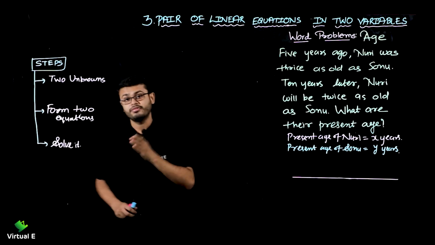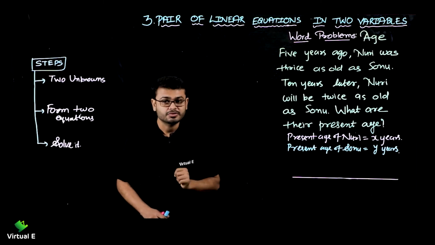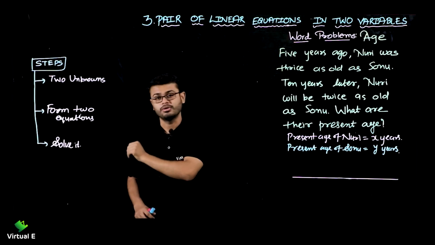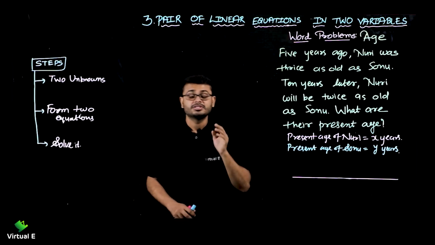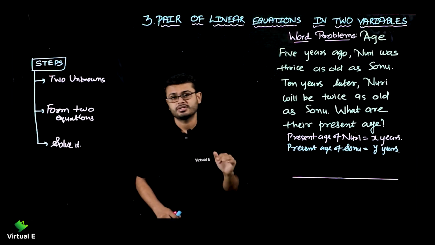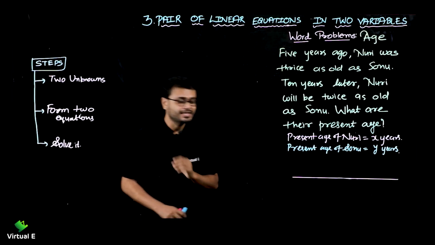5 years ago, we need to go back in time. Suppose your age is now 15 years old. If you talk about your age 5 years ago, you are going back in time. So 15 minus 5, we are going to subtract from our age. I was 10 years old at that time.